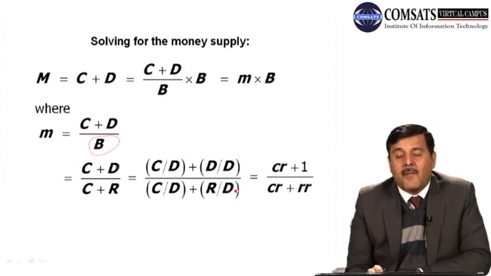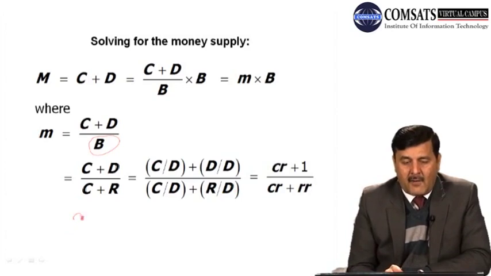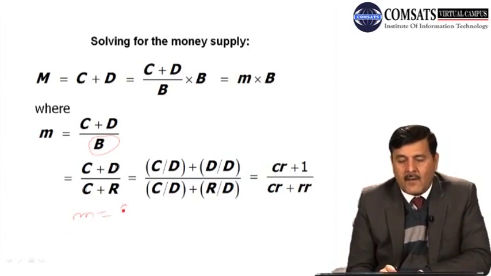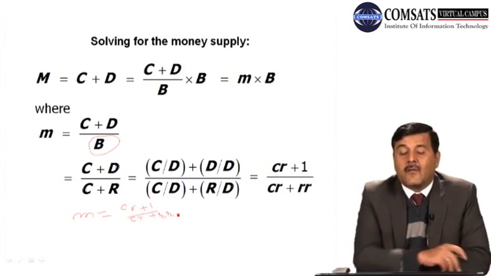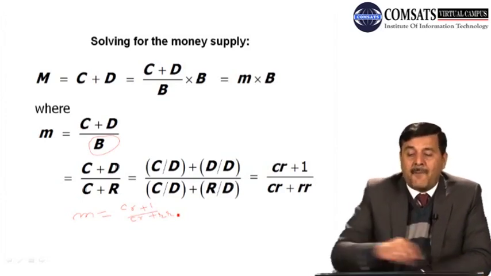So small m किस चीज के बराबर हो गया? Small m is equal to CR plus 1 over CR plus RR. So this is the value of small m.